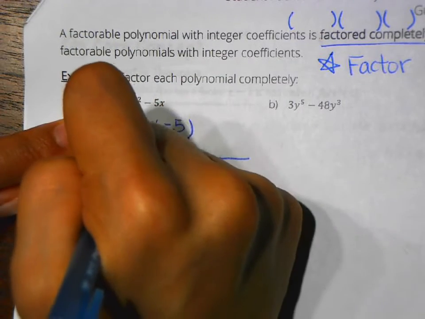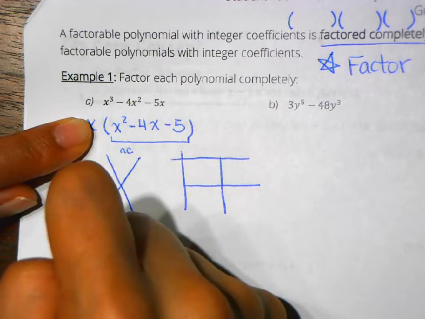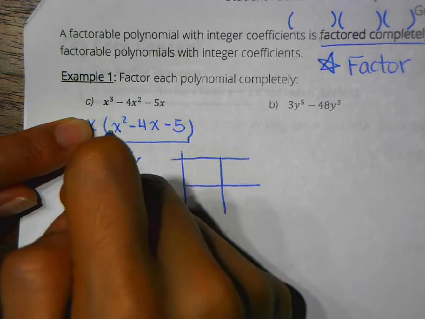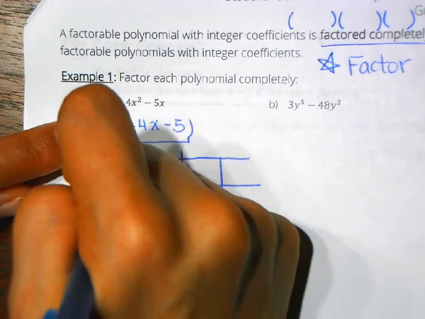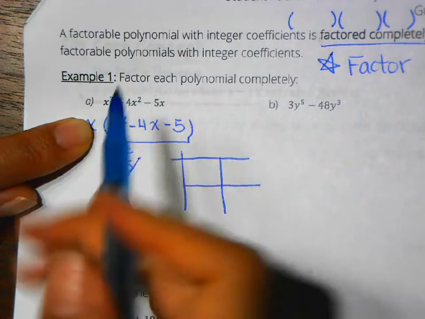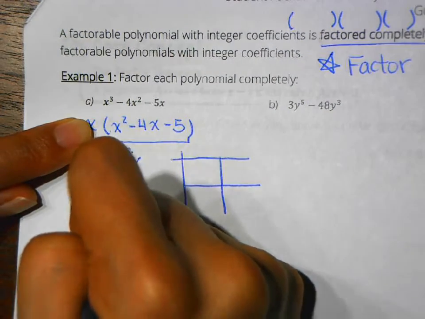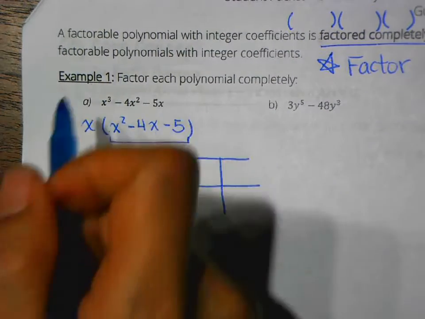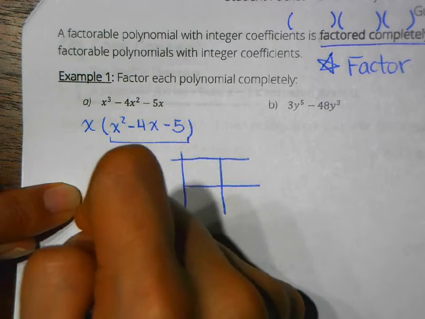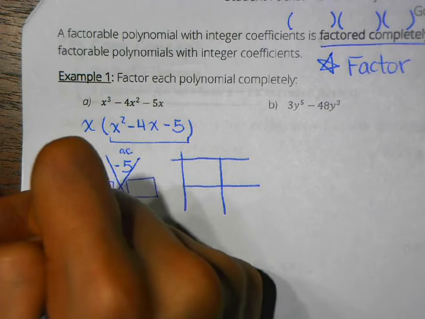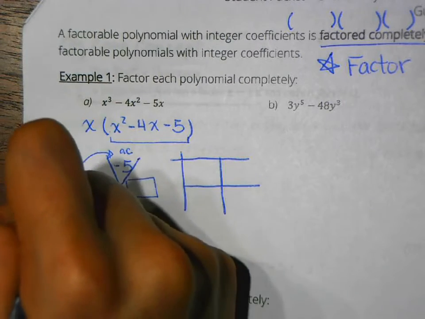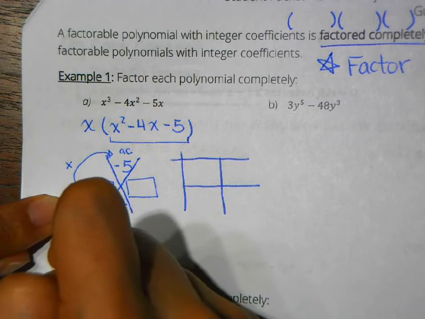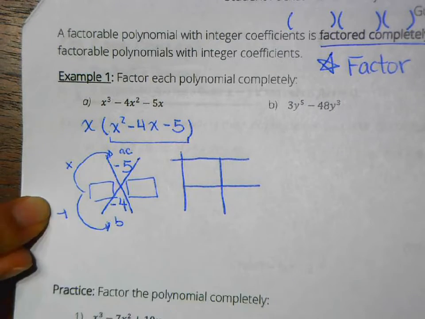Remember that AC goes on the top part, B goes on the bottom part. So A is 1. 1 times negative 5 is negative 5. B is negative 4. So now I'm looking for 2 numbers that multiply to get negative 5 and add to get negative 4.